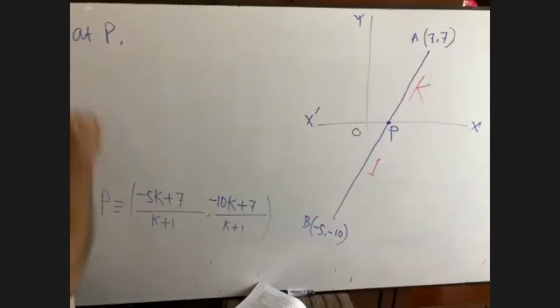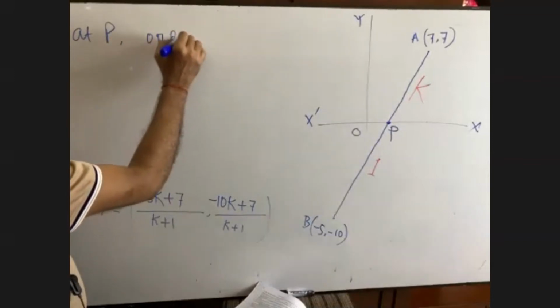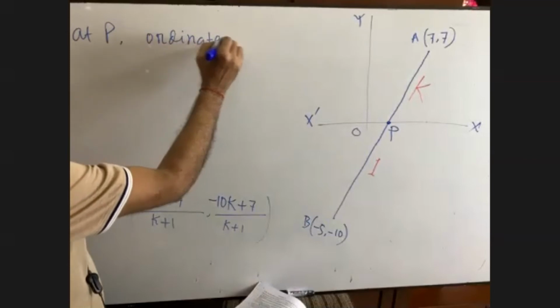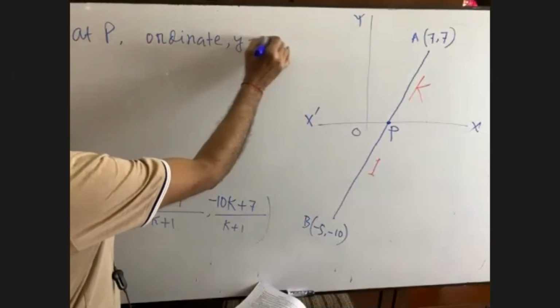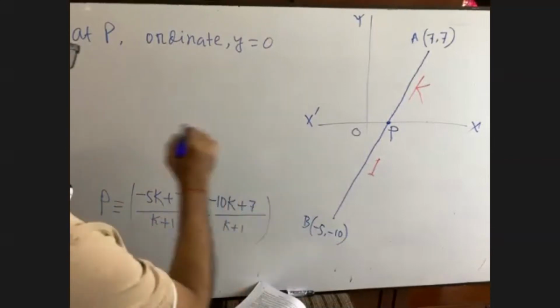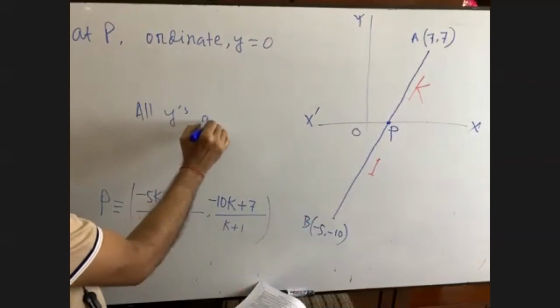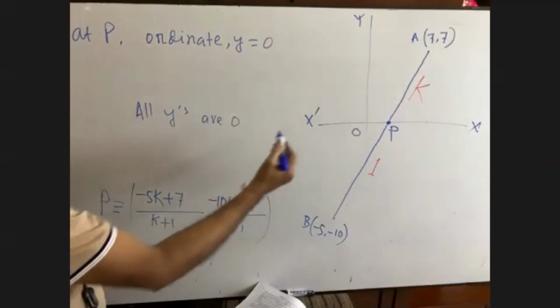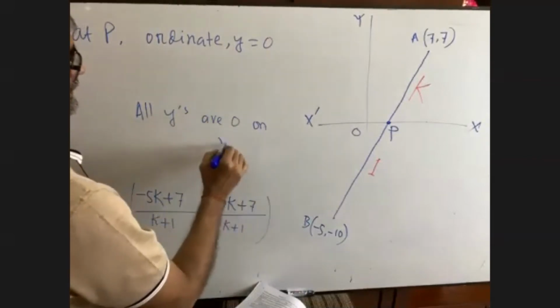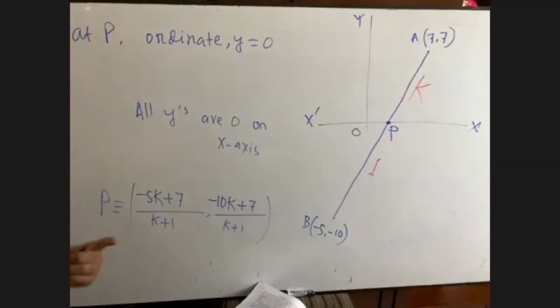At P, the ordinate y is 0. Am I right? All y's are 0 on the x-axis. Is it? P lies on the x-axis, right?